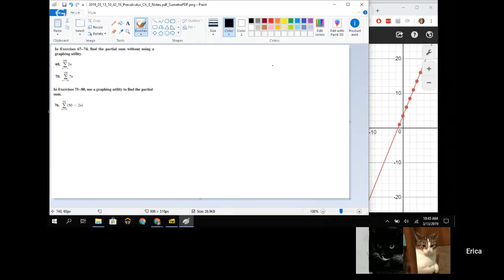All right. So if you want to find the sum of a finite, remember that's just a specific set, a finite arithmetic sequence. That's totally not spelled right.